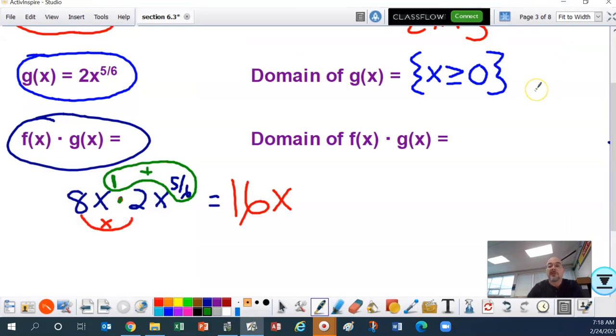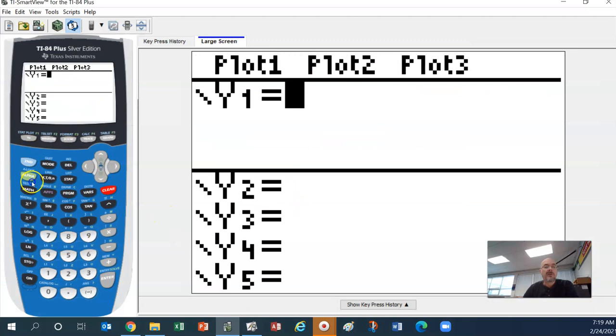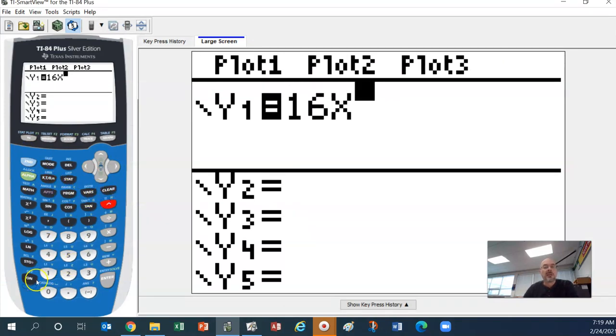So this becomes 16x to the 11/6 power. Now, if I check that, let me go ahead and type this in quick: 16x to the 11/6 power.